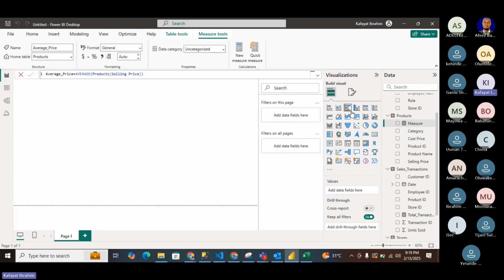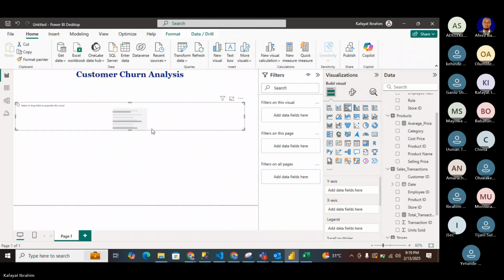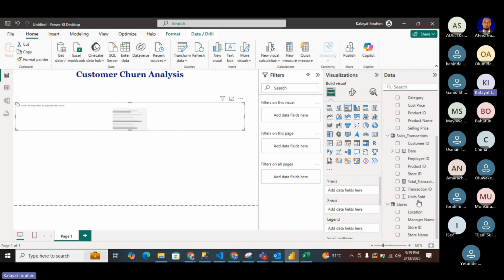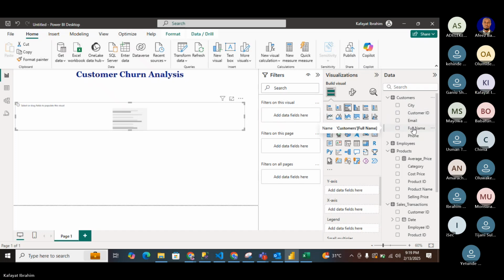So from here now, let me use the bar chart. Then in this, I'll look for my customer name. Should be my y-axis.